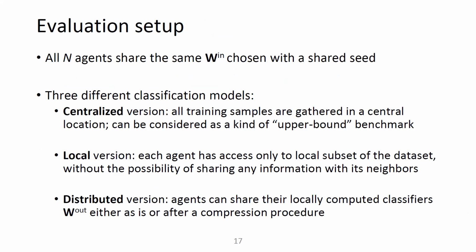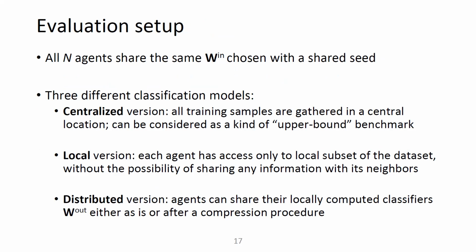To evaluate this overall framework of the distributed RVFL using hyperdimensional computing, we choose three different classification models. The first one is the centralized version, which is of course not feasible in our case, and is just used as an upper bound benchmark.